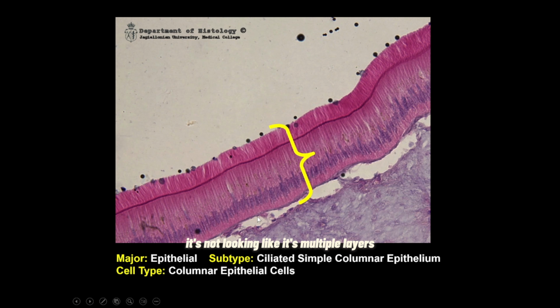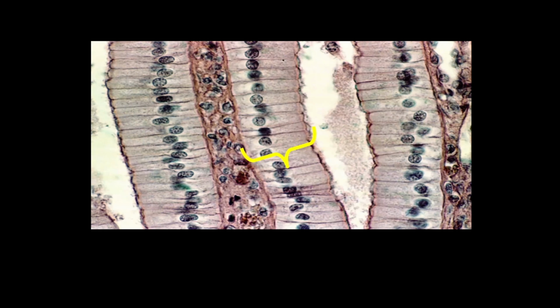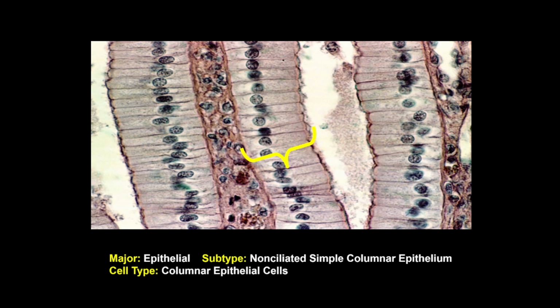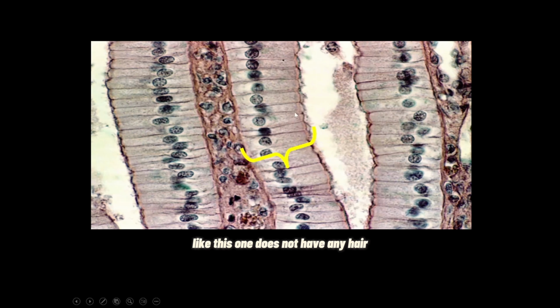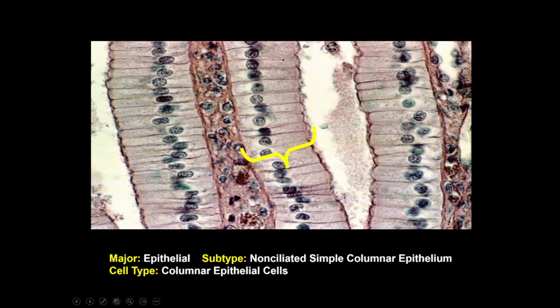It's not looking like it's multiple layers, so it's simple. Another one, but it's non-ciliated. You see that this one has those long hair-like figures on the ends, and this one does not.